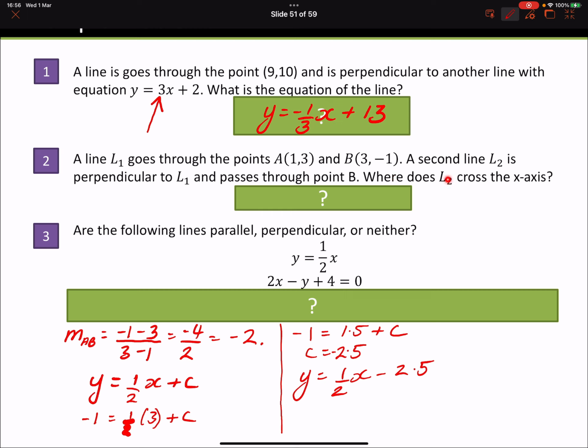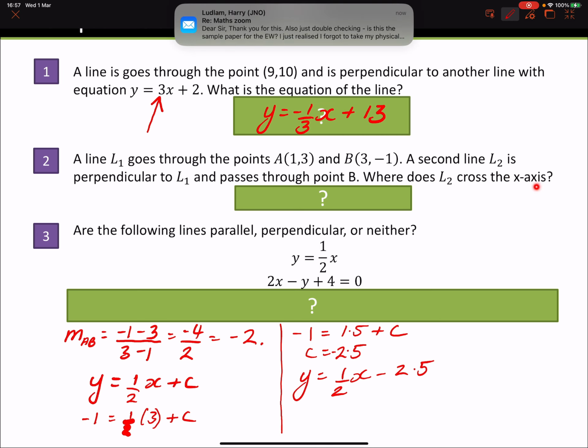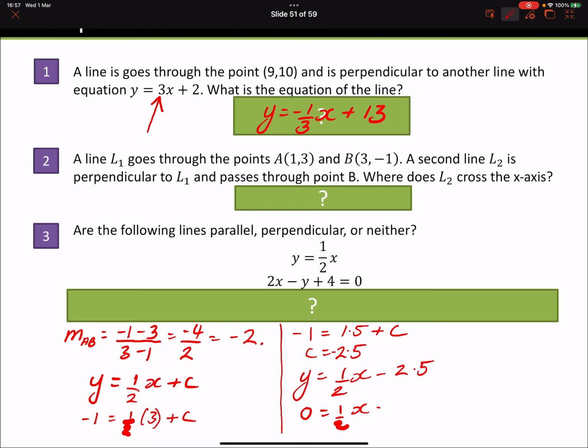Where does L2 cross the x-axis? Now, if you remember what I said before, when lines cross the x-axis, we know that the y-coordinate is 0. Okay? So I'm actually going to solve 0 equals a half x minus 2.5. So in order to make my life a little bit easier there, I'm going to double everything.